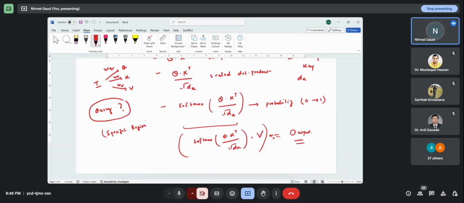I need to find whether this specific region should be attended, and how much attention it requires. I am querying. So the query in an image will be a specific region in an image.